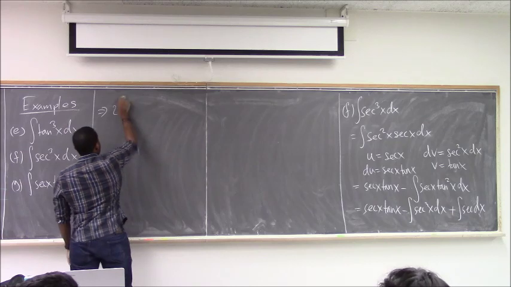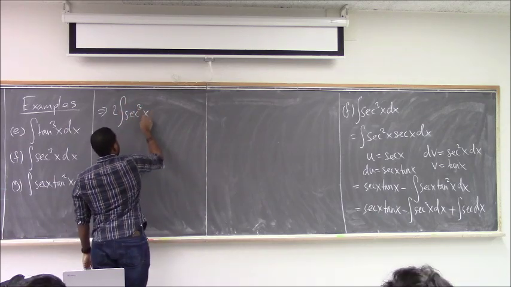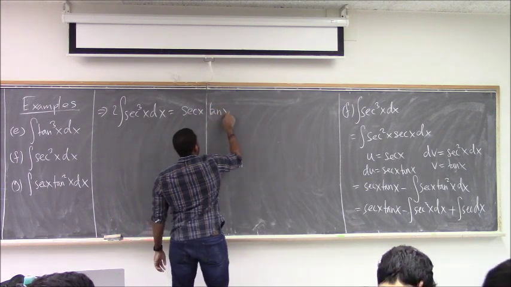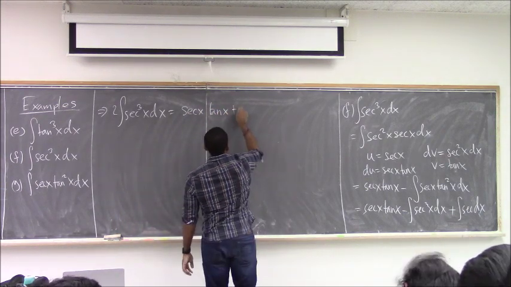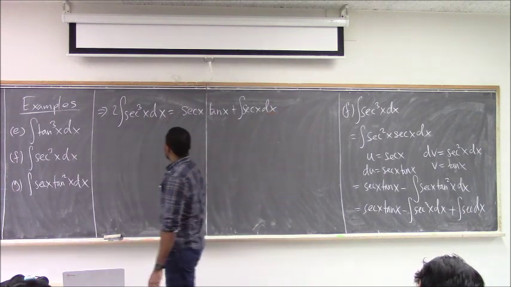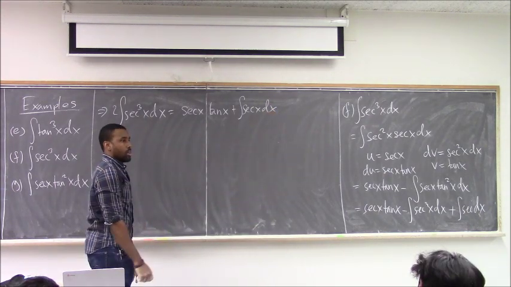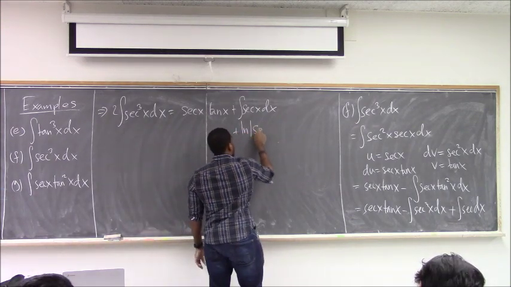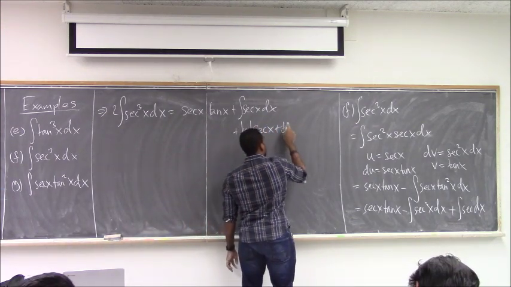I'm going to have 2 times the integral of secant cubed, plus the integral of secant. What's the integral of secant? ln of the absolute value of secant x plus tan x.